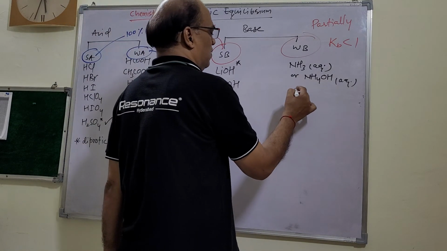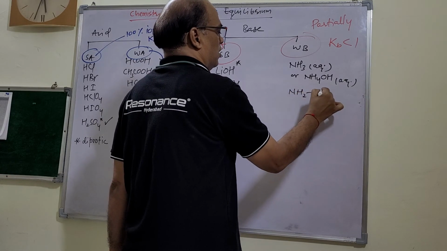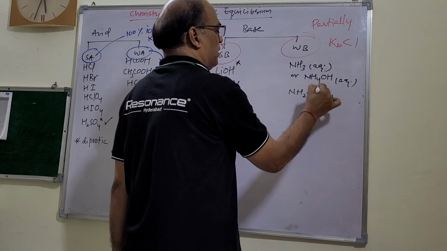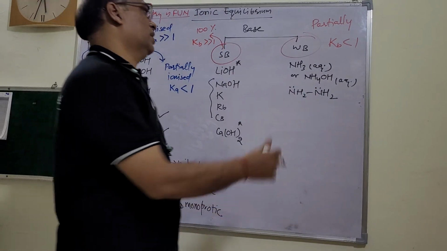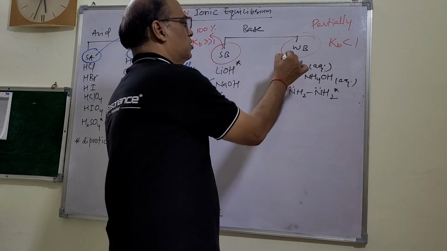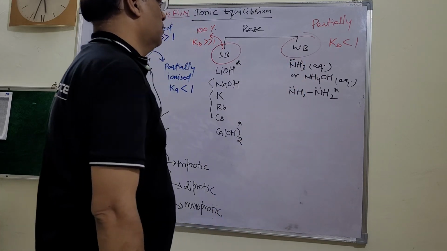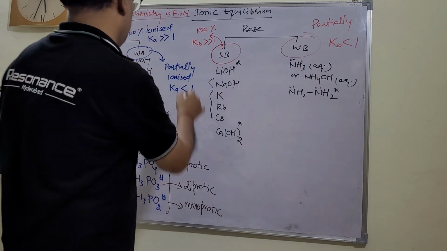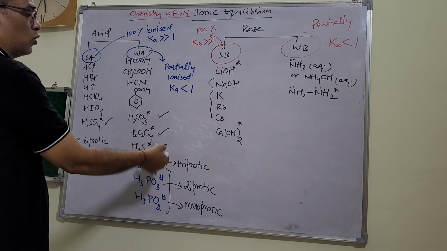Then we have hydrazine, NH2-NH2, basically 2 lone pairs are there, and it is also a difficult one for Advanced purpose. This is monoprotic; one lone pair is there, so we call it mono. Here we call them monoprotic, or monobasic.